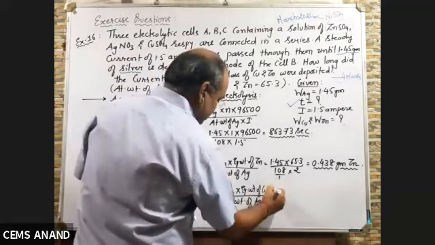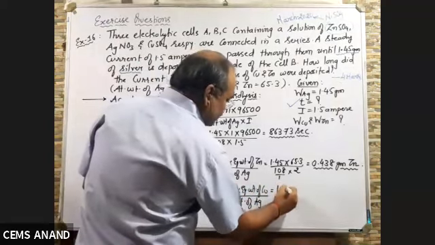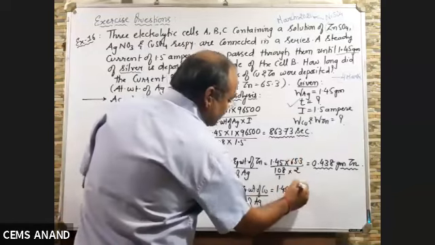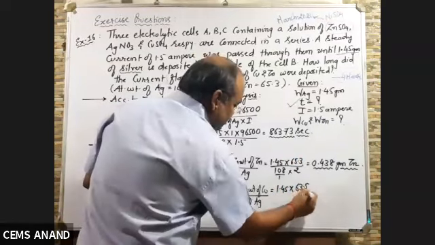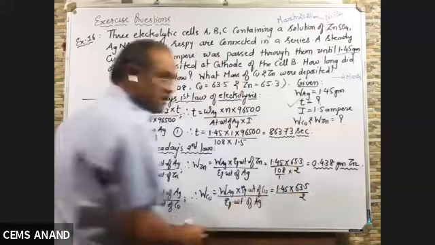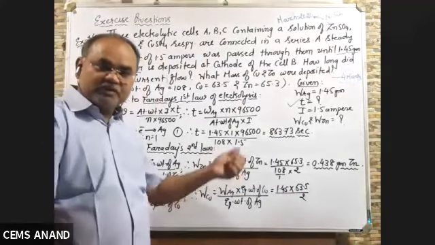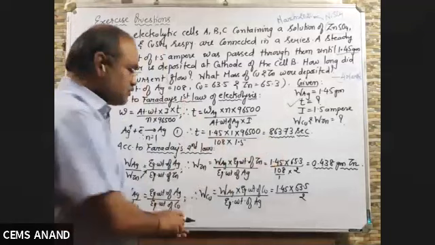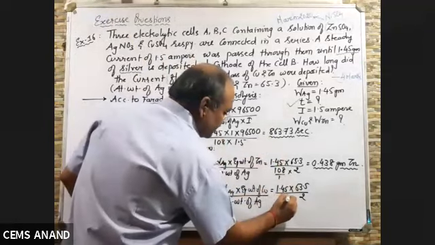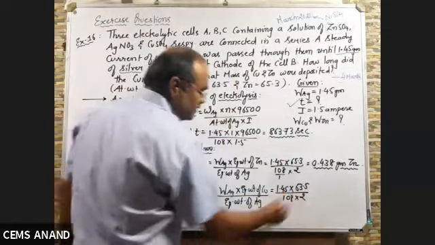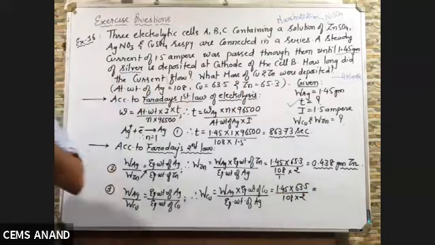Now substitute the value. Weight of silver is 1.45, equivalent weight of copper is 63.5 divided by 2, the n factor of copper. Cu plus 2 electron gives Cu, so it is 2 divided by 2, and here it will be 108 divided by 1. If you solve it, you will get the answer 0.426 gram.